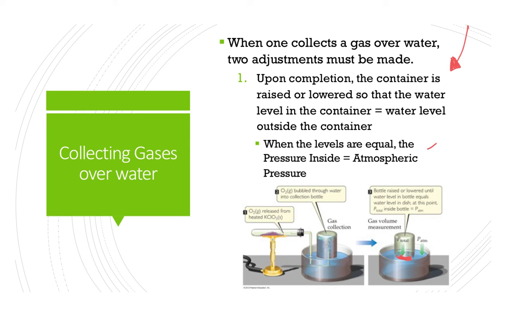The reason we do this is that you ensure the pressure inside the vessel is the same as the atmospheric pressure outside. If there's a difference in levels, there's a difference in pressures between the two. So by having those two water levels equal, you know the pressure of the gas inside because you've equalized it with the atmospheric pressure.